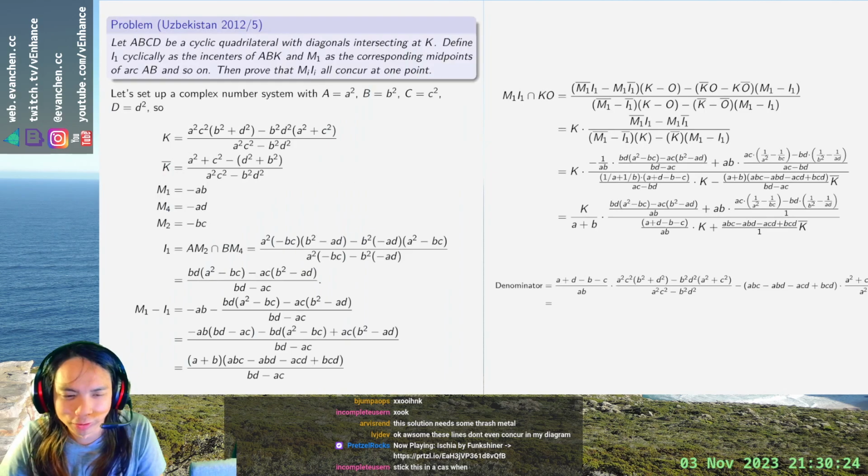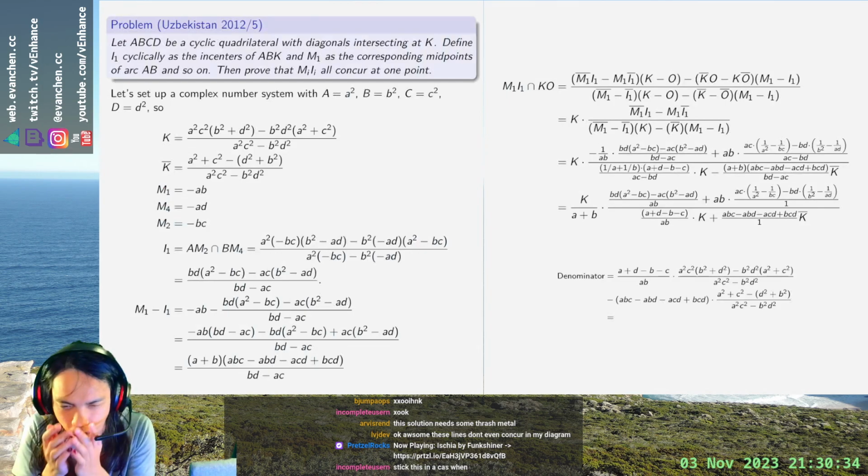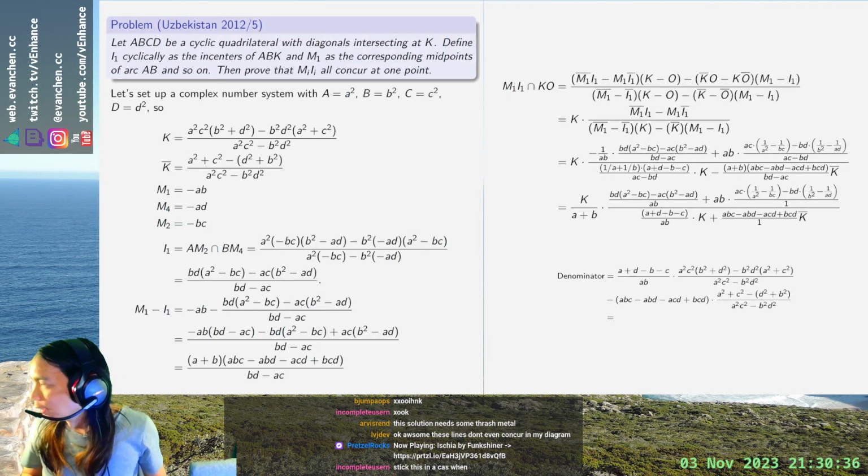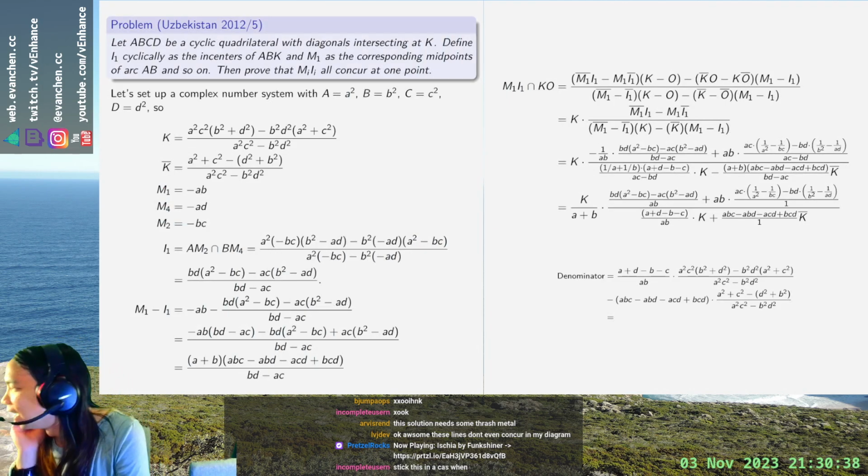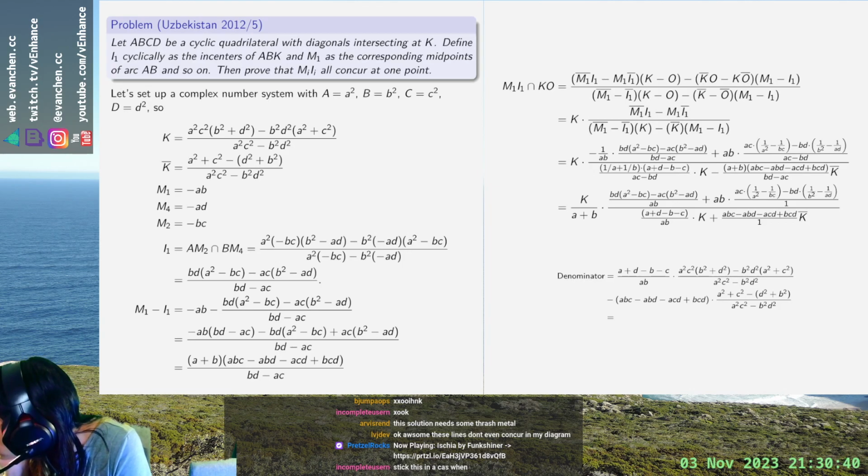I feel like if I'm going to complex bash it, I should at least complex bash it properly. Because I want to show that this solution is actually doable for instructional reasons. Even though... that's going to be 16 terms. Holy cow. Oh no.